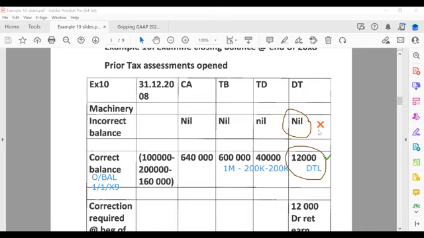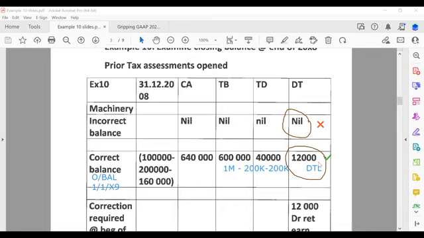And when we increase our deferred tax liability, do we debit or credit our deferred tax account? We want to create a liability, a deferred tax liability. Do we debit or credit our deferred tax account? Yes, we credit our deferred tax account. What is the amount that we're going to use? We want to move from 0, which was incorrect, to 12,000.